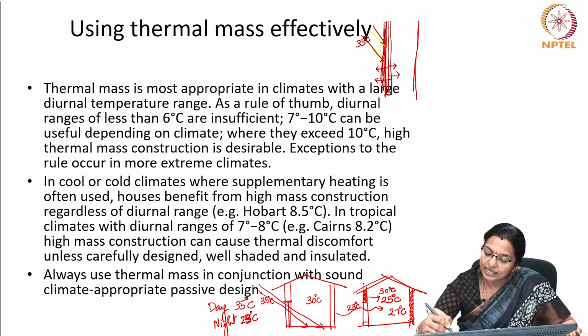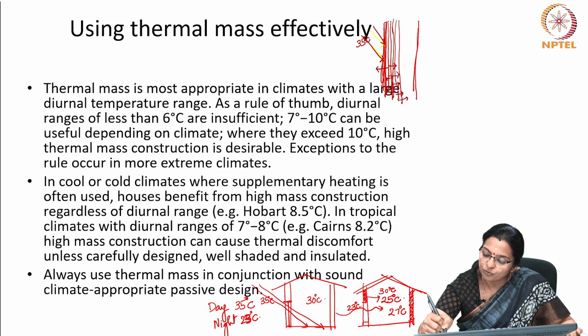When I say outside, I mean only to the adjacent layer. Then this layer gets heated up, it passes the heat on to the next layer and the adjacent layer, and so on and so forth.